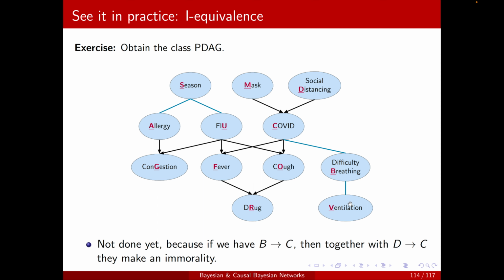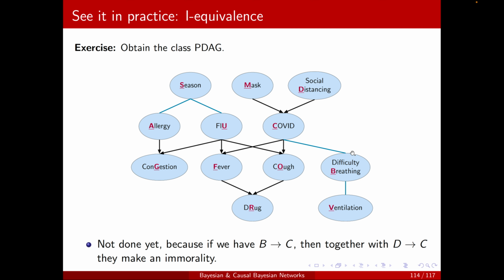Are we done? No, not yet, because we need to investigate the directions of these blue ones. So for example, look at here. If we have B linked to C, what will happen? I will have a new V structure, which is actually an immorality.